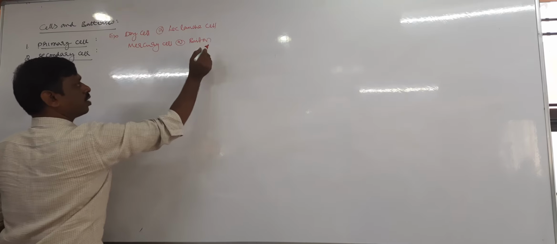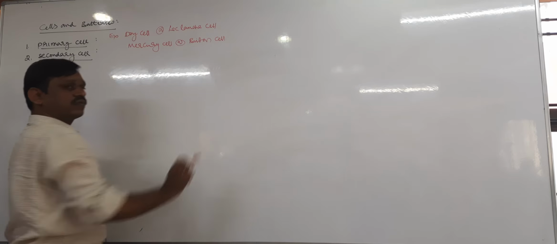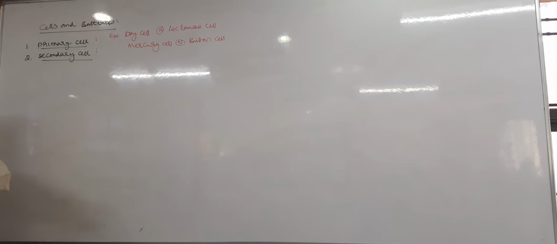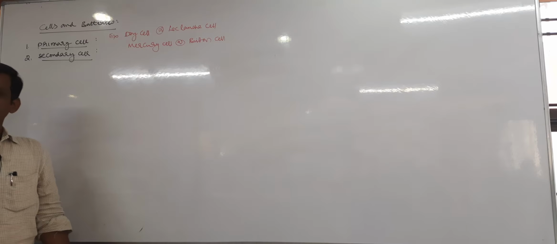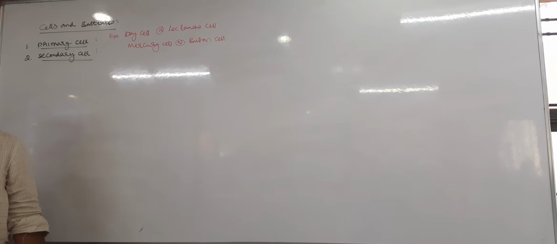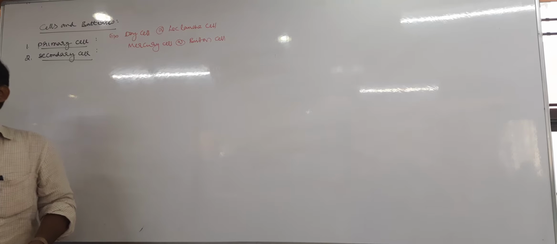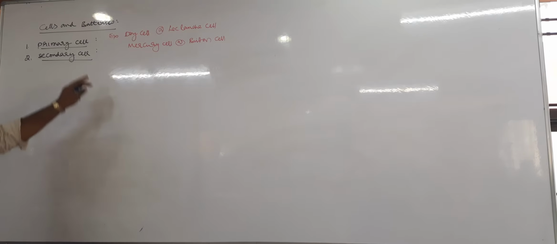Where are mercury cells, button cells used? In wristwatches. It's like a button-like cell, no? Even our mic also has a button-like cell. It is also called mercury cell. So these two are examples for primary cells.